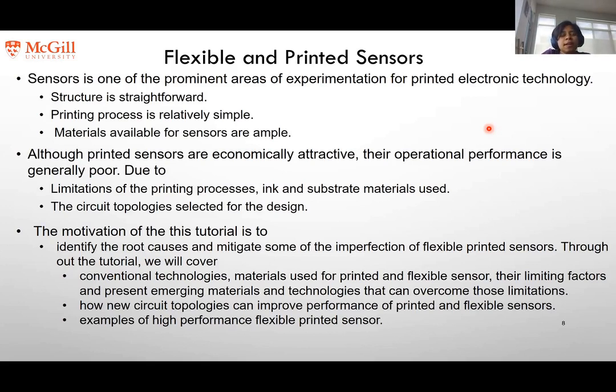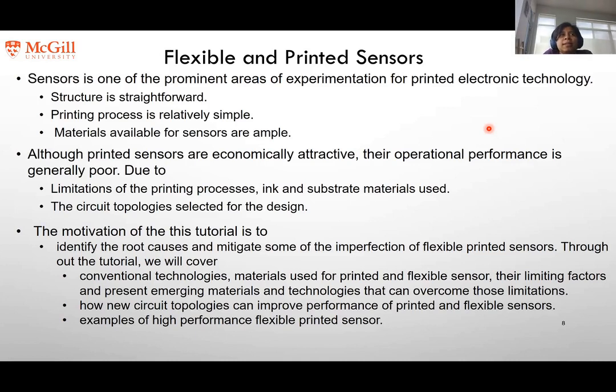Printed processes are normally pretty simple, and also there are a lot of materials available for sensors that can be deposited using printing techniques. So these are the drivers; people are really looking into making sensors with printing processes.